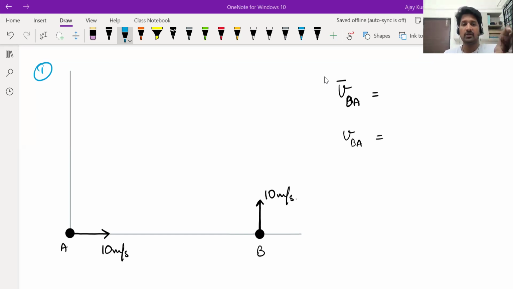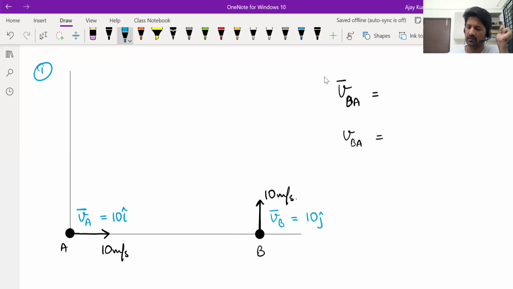How do you write the actual velocity of A? 10 i cap, 10 meters per second in the positive x direction. How do you write the actual velocity of B? 10 j cap. Right. Then it's just a matter of substituting in the formula.